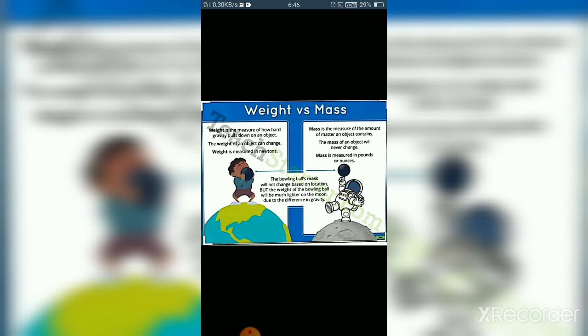So the unit of weight is also Newton, and that of mass is kg, because weight and force have the same formula. For force we use F equals ma, or we can write F equals mg, and that is the weight, W equals mg, so the unit is Newton.